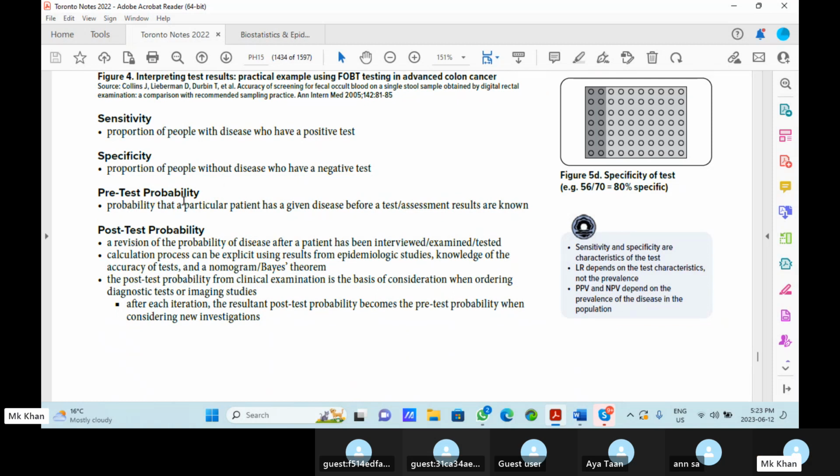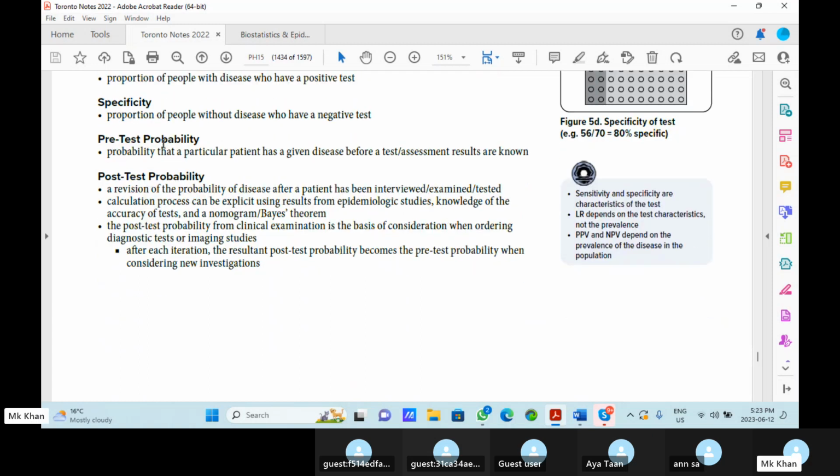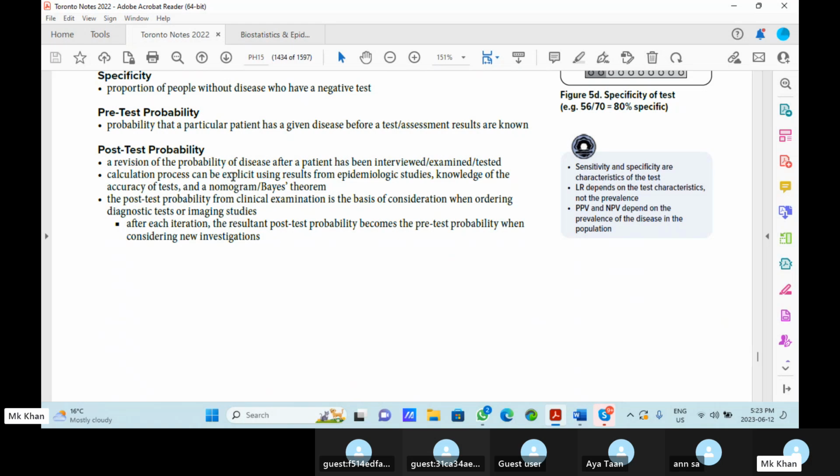And what is pre-test probability? It is the probability that a particular patient has a given disease before the test results are known. And post-test probability is a revision of the probability of disease after a patient has been interviewed, examined, and tested. The calculation process can be explicit, using results from epidemiological studies.